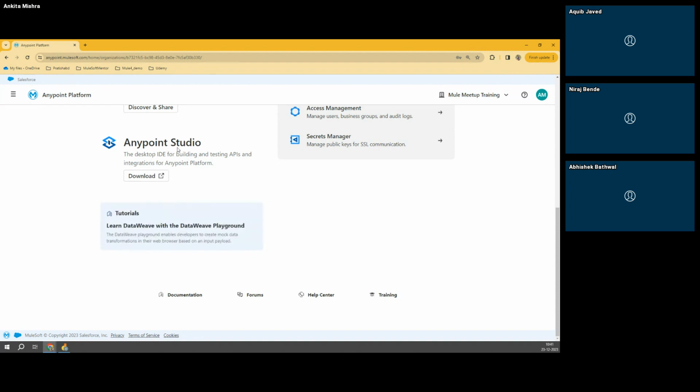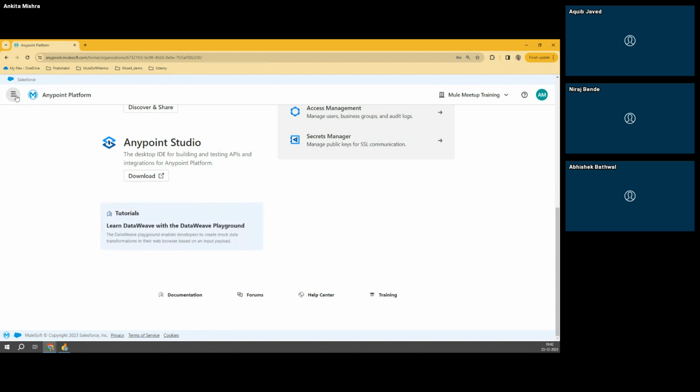And not only that, the MuleSoft mantra is less amount of coding. It basically focuses on ease of development, where you have to do coding as little as possible. So in Anypoint Studio, you have a set of palettes that can be plugged and played. You just have to drag and drop those palettes, and you can write your code. You can design your architecture. So Anypoint Studio helps us in the development phase.